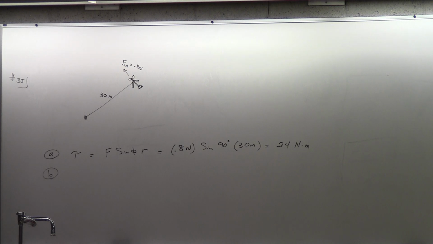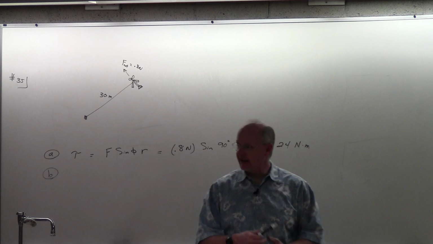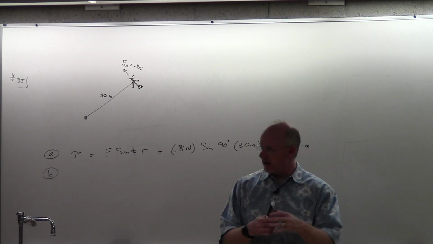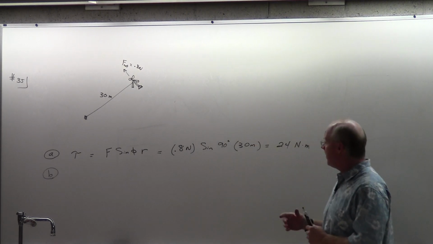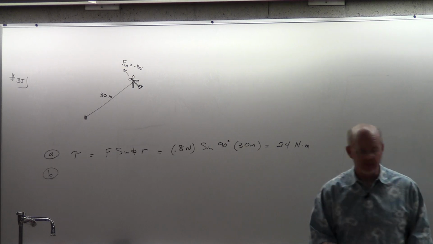All right. B then says, find the angular acceleration of the airplane. Well, how am I going to get angular acceleration? I suppose I could find linear acceleration and translate it, but I don't think the author wants that because he does make you do torque.